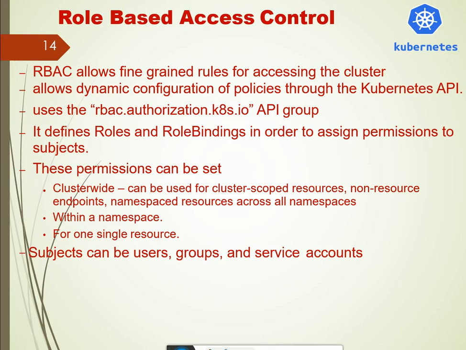These permissions can be set cluster-wide, can be used for cluster scope resources, non-resource endpoints, namespaced resources across all namespaces, within a namespace, and lastly for one single resource. Subject can be users, groups, and service accounts.